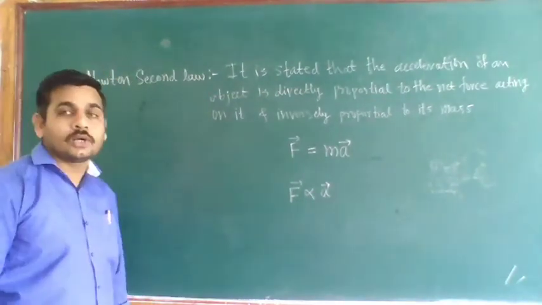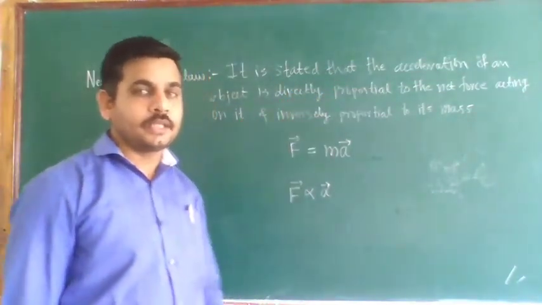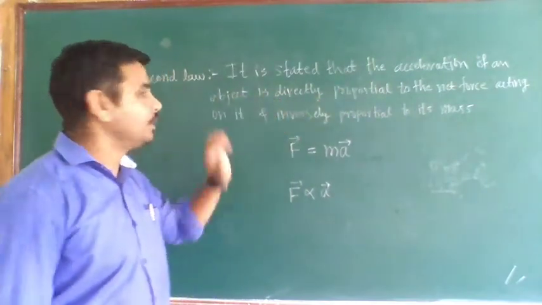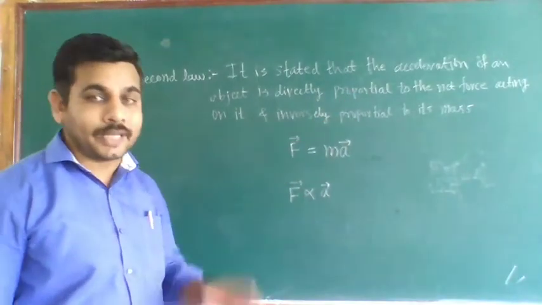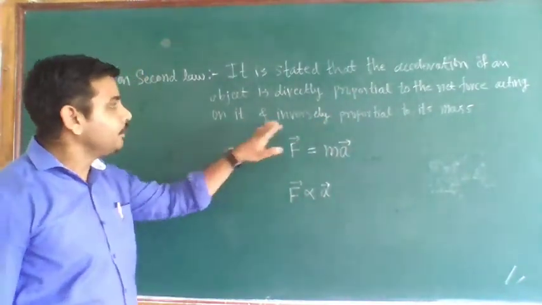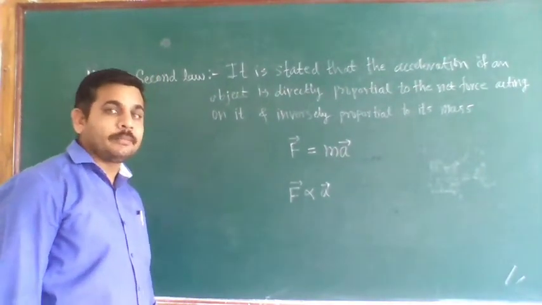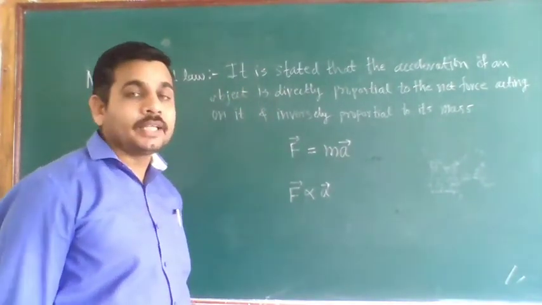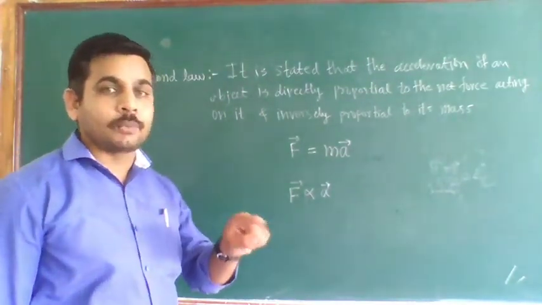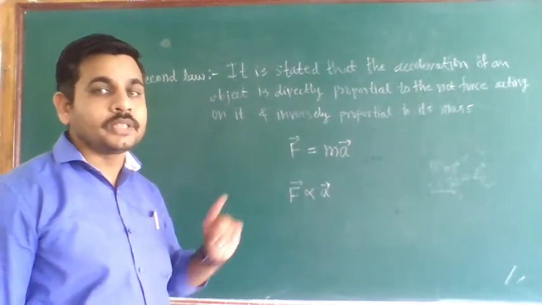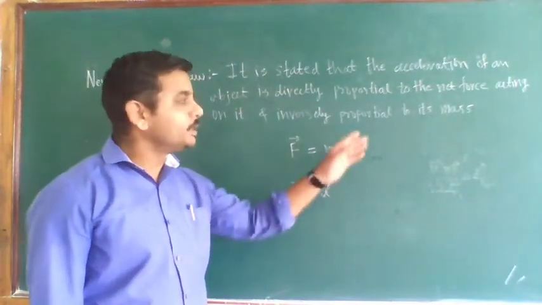Newton's second law states that the acceleration of an object is directly proportional to the net force acting on that body, and is inversely proportional to its mass. I am repeating that: the acceleration of an object is directly proportional to the net force acting on it, and is inversely proportional to its mass.